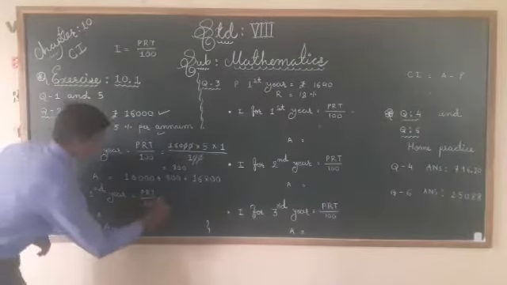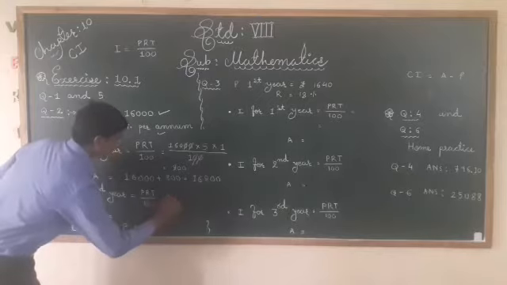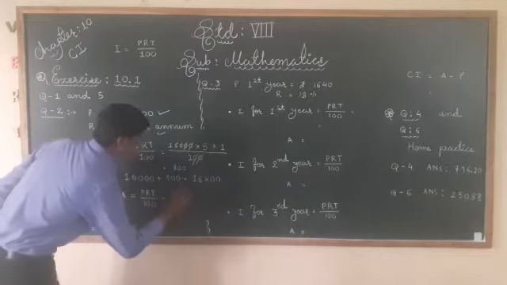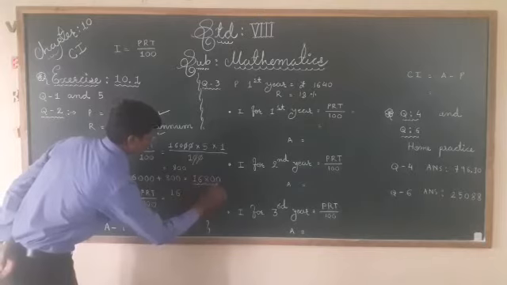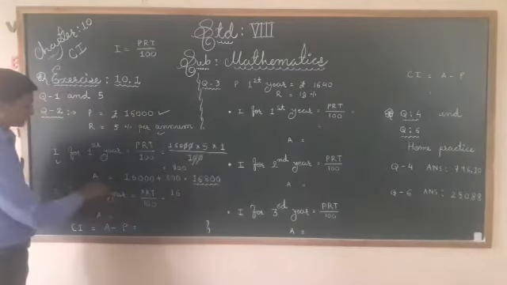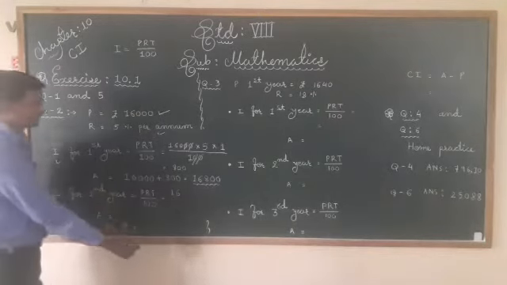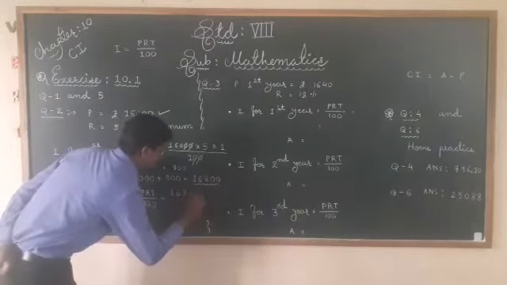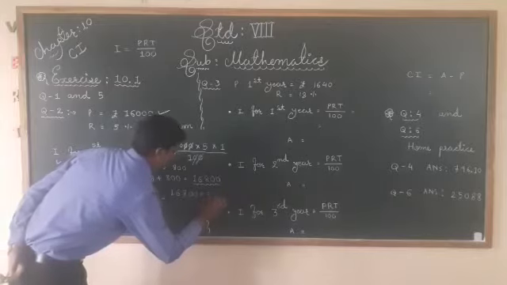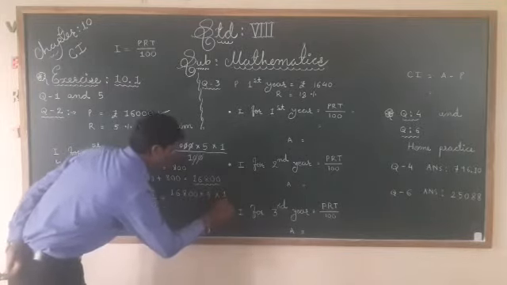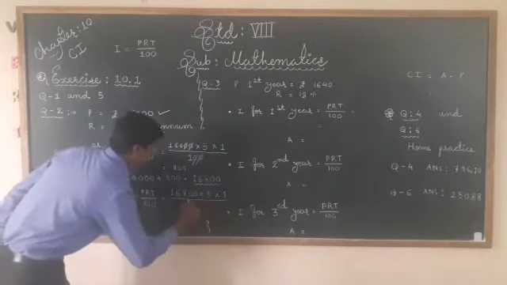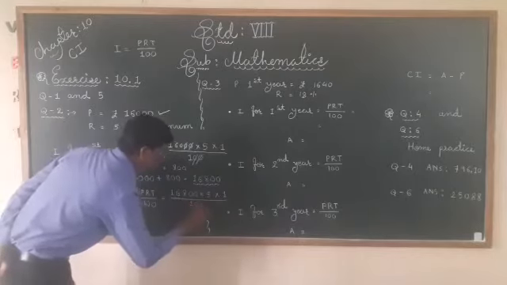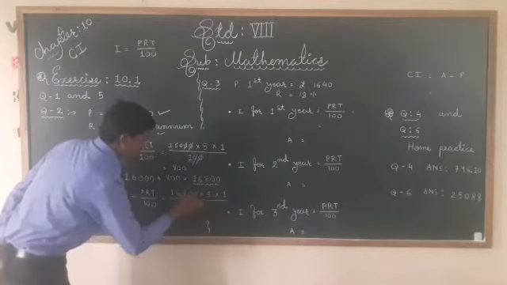So here PRT, the same formula. Now this value, 16,800, we will use, because the first year's interest is added into the second year. So here 16,800 multiplied by 5 multiplied by 1 divided by 100. So 2 zeros are out.